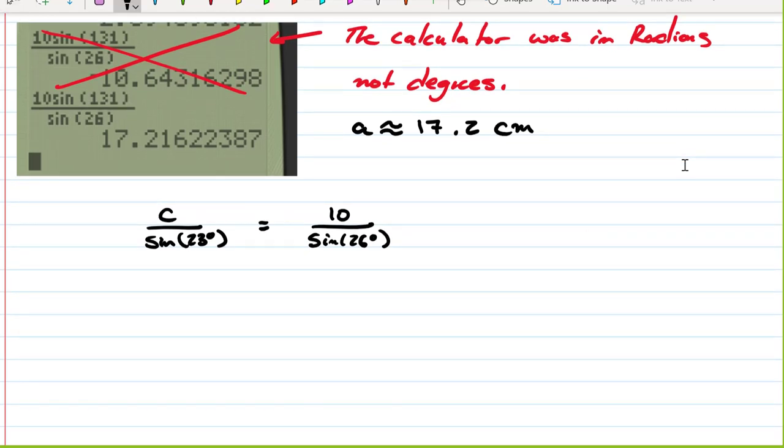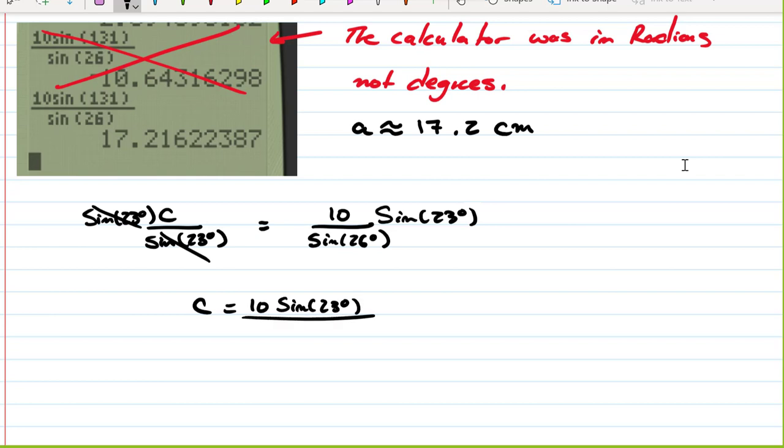Once again, we multiply both sides by the sine of 23 degrees. So C is 10 times the sine of 23 degrees all over the sine of 26 degrees.